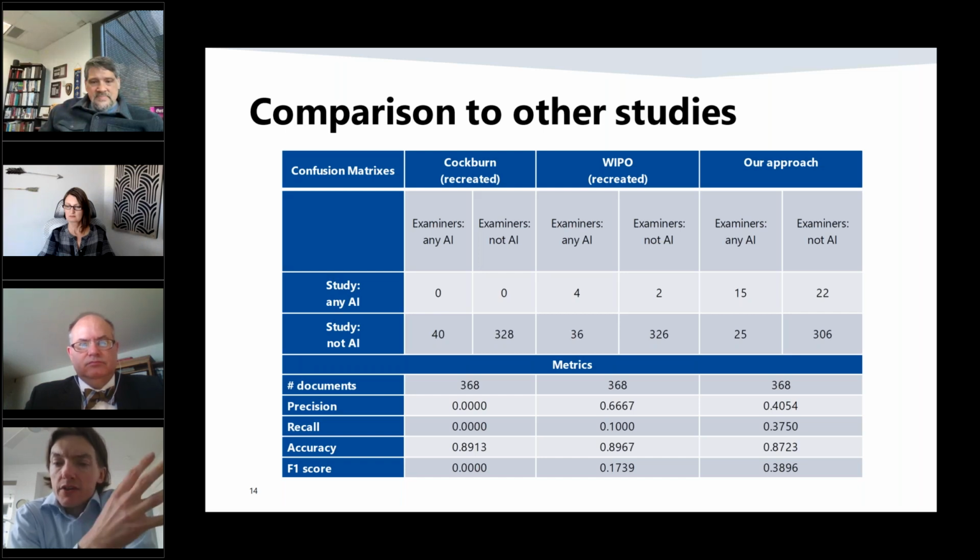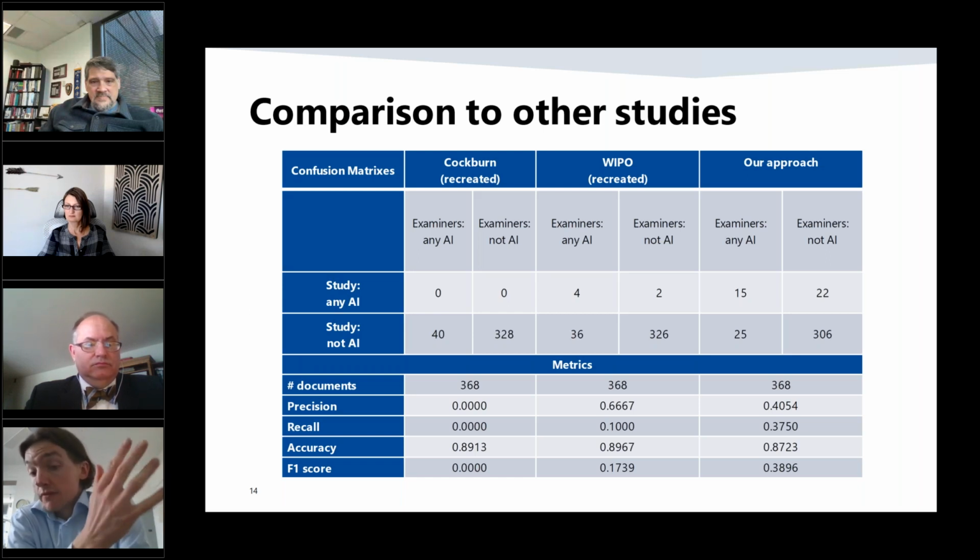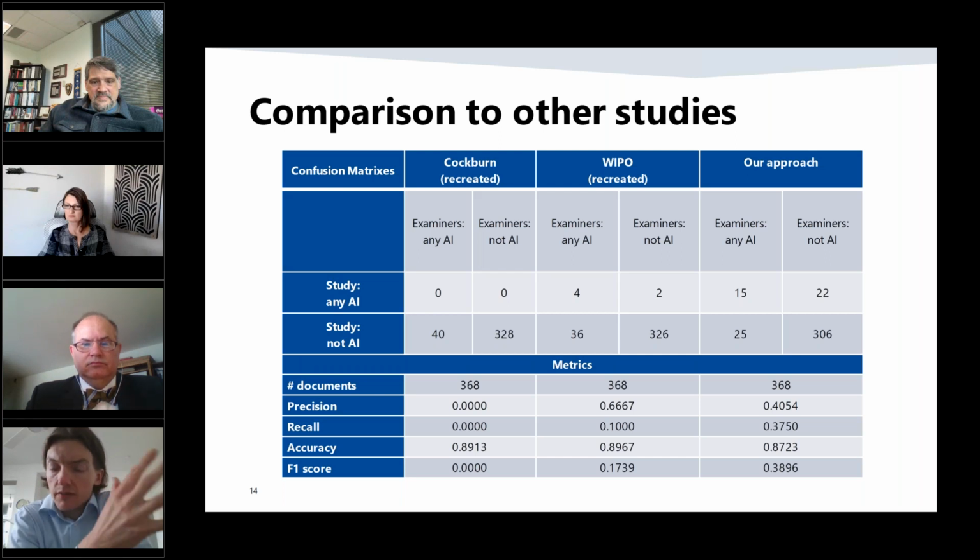So if you average these two, we're getting an F1 close to 40%. Again, the humans were 50%. Our F1, where we averaged the precision and recall, is about 40%. The WIPO approach is about 17.3%, and the Coburn is just 0. They didn't identify any AI in our remaining set. So it's kind of a hierarchy.